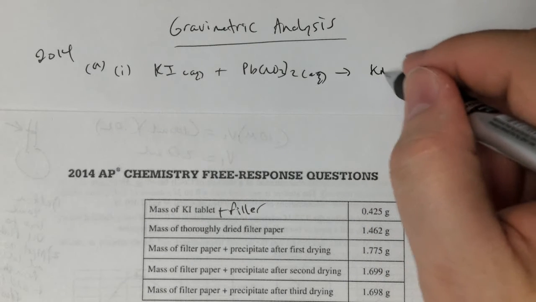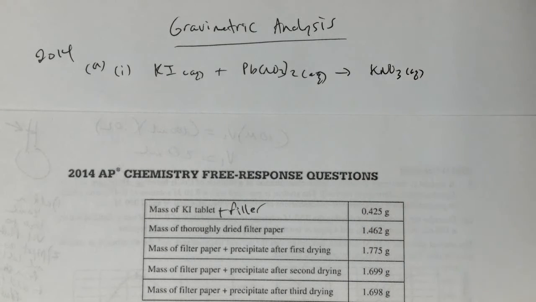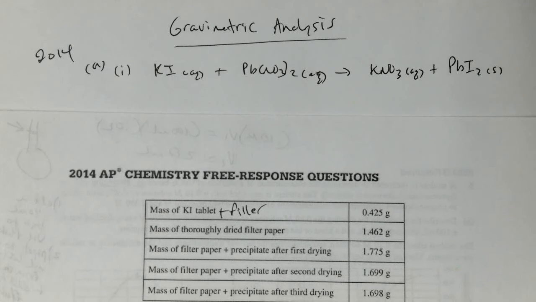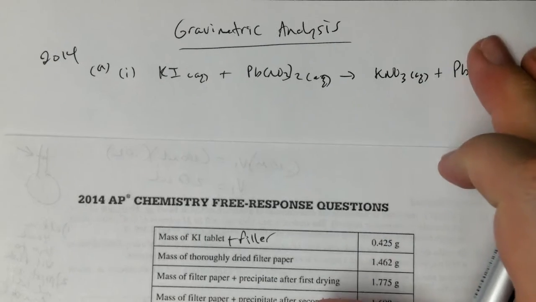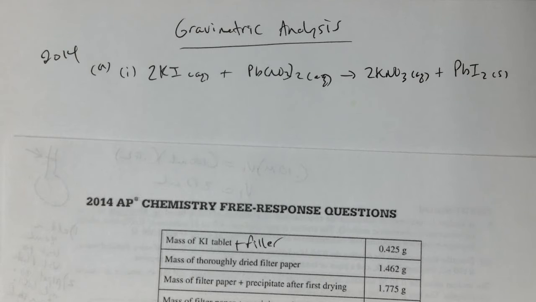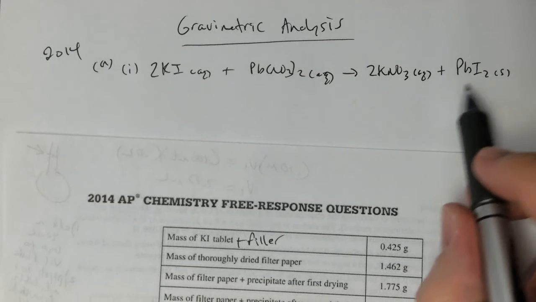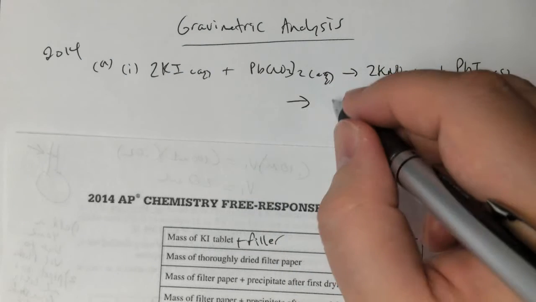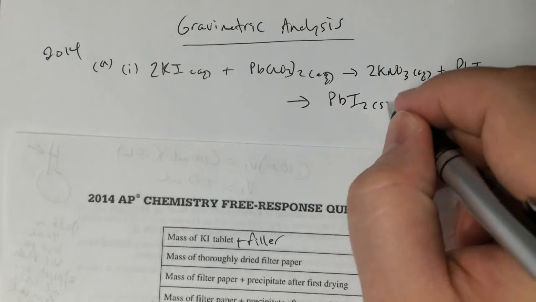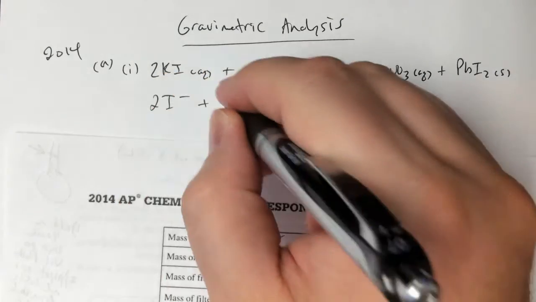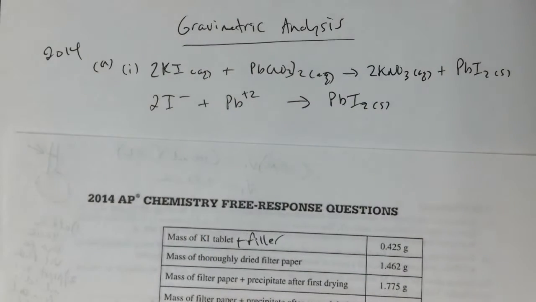You're going to get potassium nitrate, which is aqueous, and then we're going to get PbI2, which I hope you identify as the solid. So remember our spectators, we've got to balance, too. Our spectators are just going to get rid of anything that doesn't change, and it's going to leave us everything that contributes to the making of the precipitate here. So PbI2 stays, and then we're going to have 2 iodides and a lead 2. So there's your net ionic.